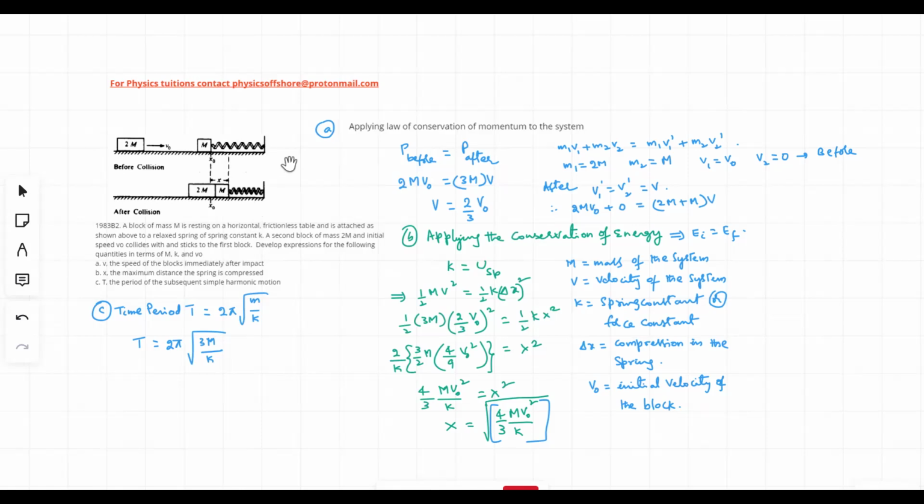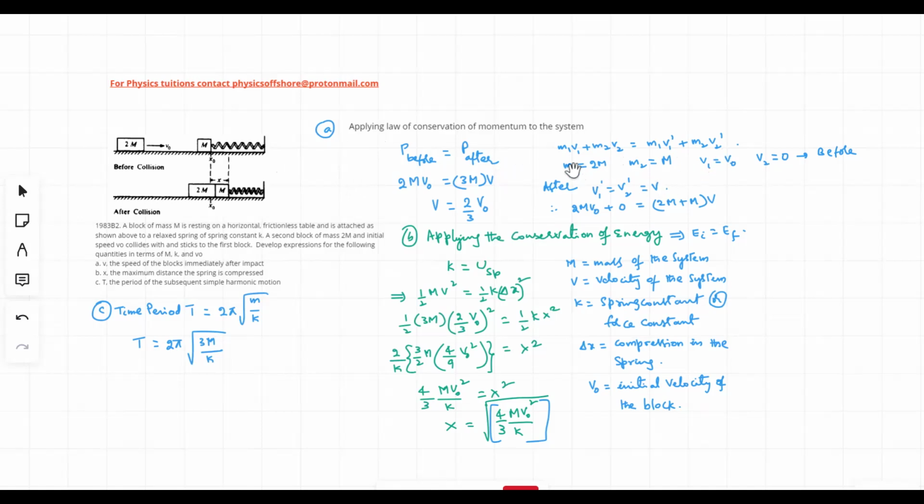So according to the law of conservation of momentum, momentum before collision is equal to momentum after collision: m1v1 plus m2v2 is equal to m1v1' plus m2v2', where m1, m2 are the masses of the blocks, v1, v2 are the velocities before collision, and v1' and v2' are the velocities after collision.